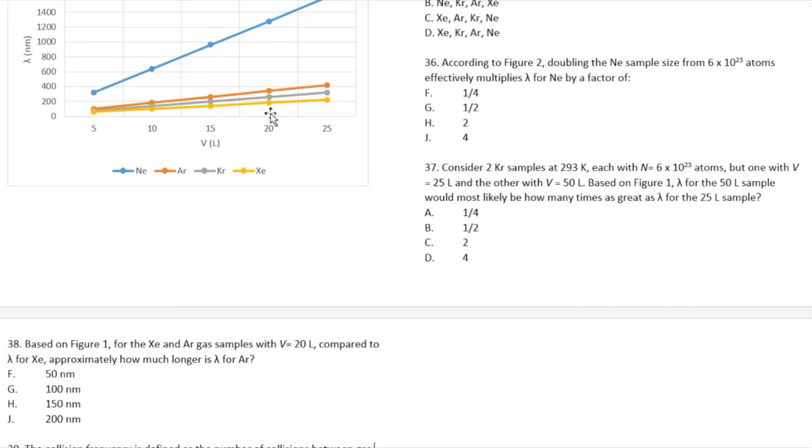But let's take a look at the yellow and follow on over and see where the lambda meets up with the coordinate axis, and it's just under 200. But let's look at orange now and follow it on over here, and it's just under 400. So if we take around 400 and subtract around 200, we can see the distance from the yellow to the orange here, and that's around 200 nanometers. So the correct answer here is J.